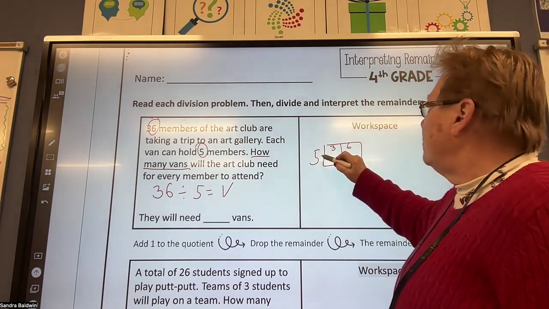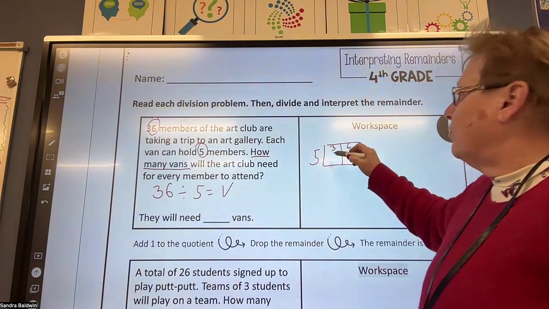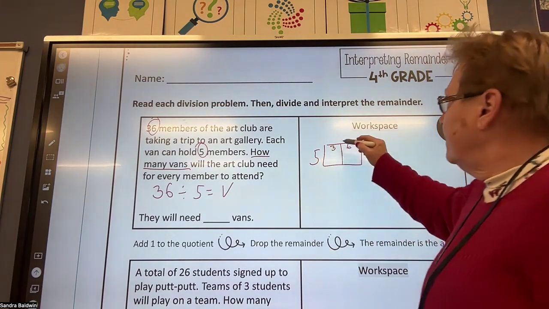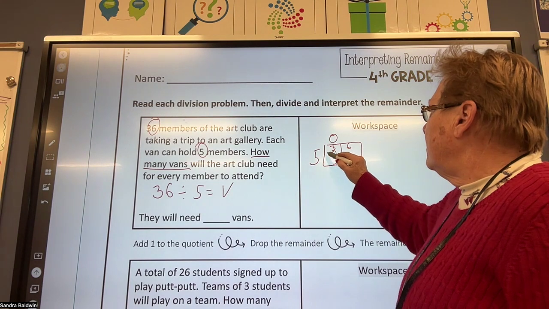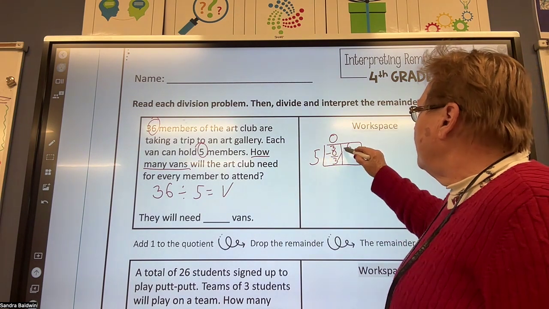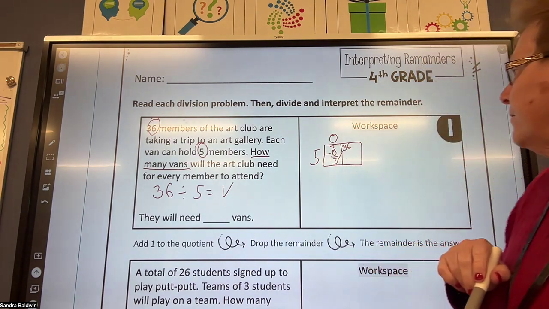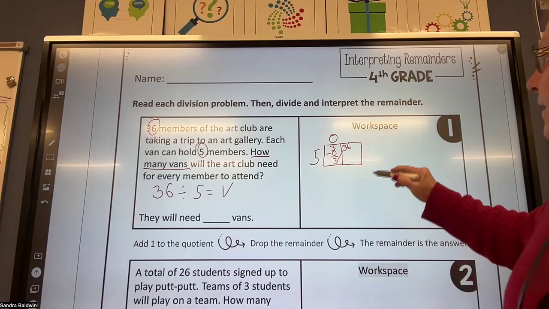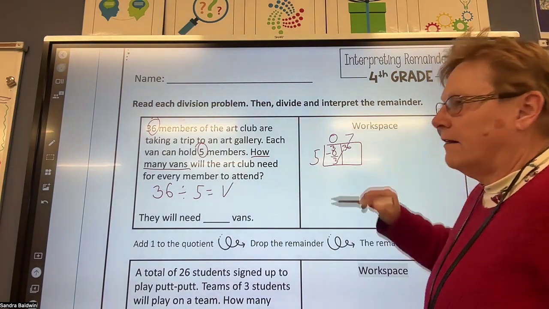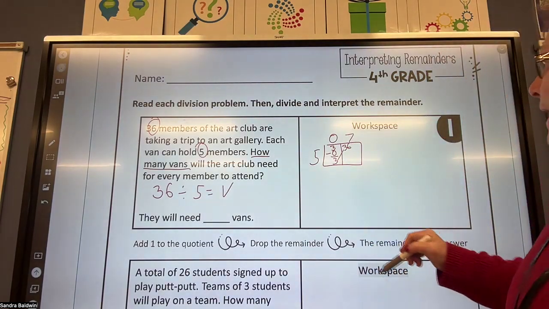I said, I cannot do 5. I cannot make a group of 5 out of 3. So that's 0. 0 times 5 is 0. I subtract. I'm going to move my 3 over there. So now I have 36 ones. 5 times 7 is 35. We talked in class about how we can't go past 36.